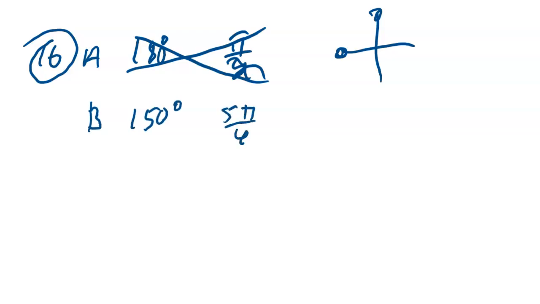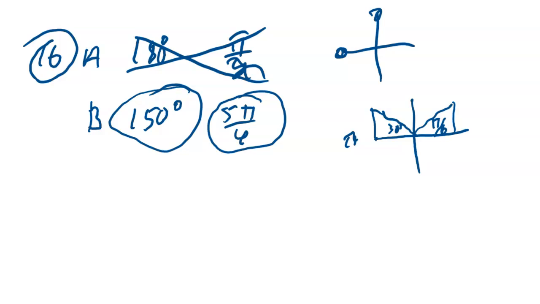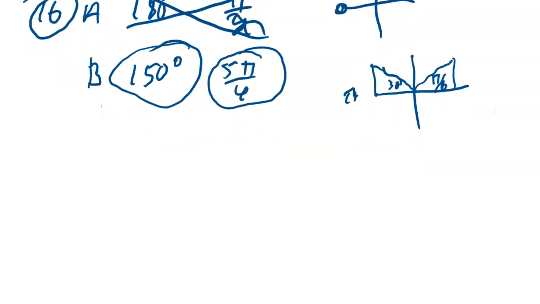Interesting. They're both in the second quadrant. And I think we have a winner here. Because 150 degrees, you do have a 30-degree angle, and our pi over 6 in the first quadrant is also a 30-degree angle. So it's really like, what's the pi over 6 in the second quadrant? If this was pi, I would subtract off a pi over 6, and I would indeed get 5 pi over 6. So I'm going to say B is a yes.